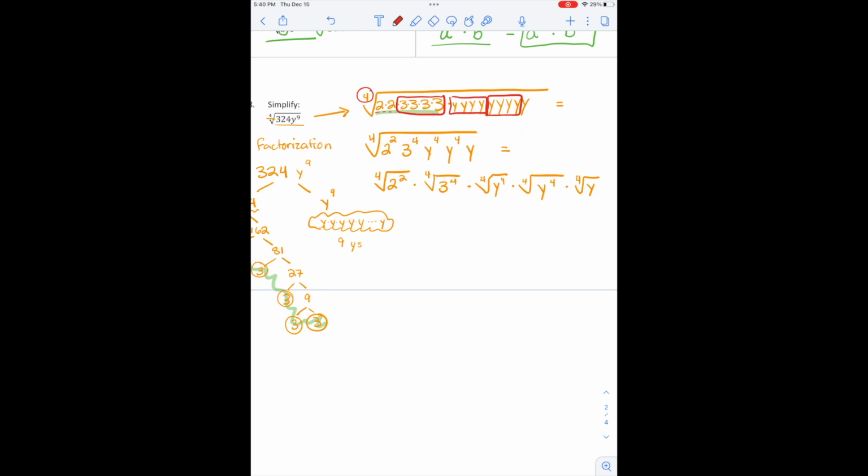From here, I can notice that I've got some terms that can cancel. Anything that has the same number here and there can cancel, so those cancel, but these ones do not.